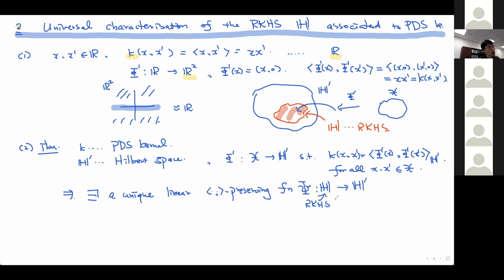A Hilbert space's structures are constant multiplication, addition, and the inner product. So this psi is preserving all the structure. There is always a unique such map, such that the following diagram commutes.